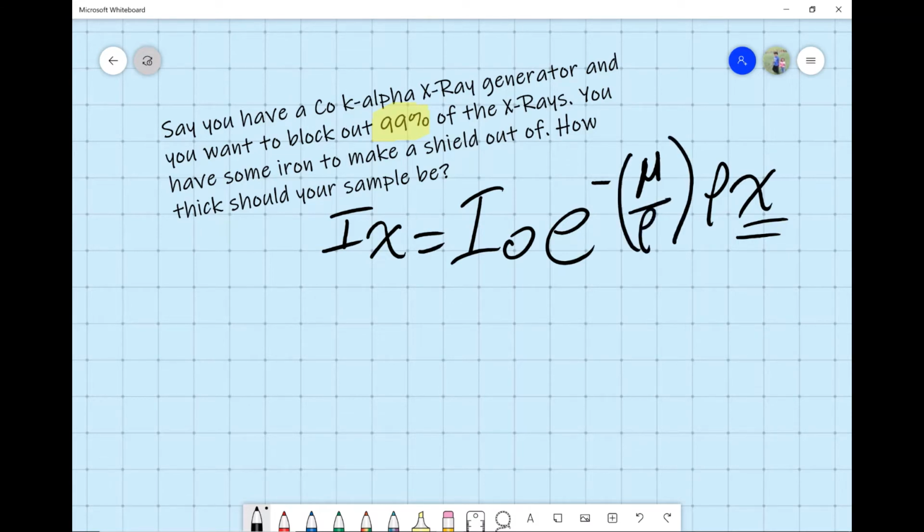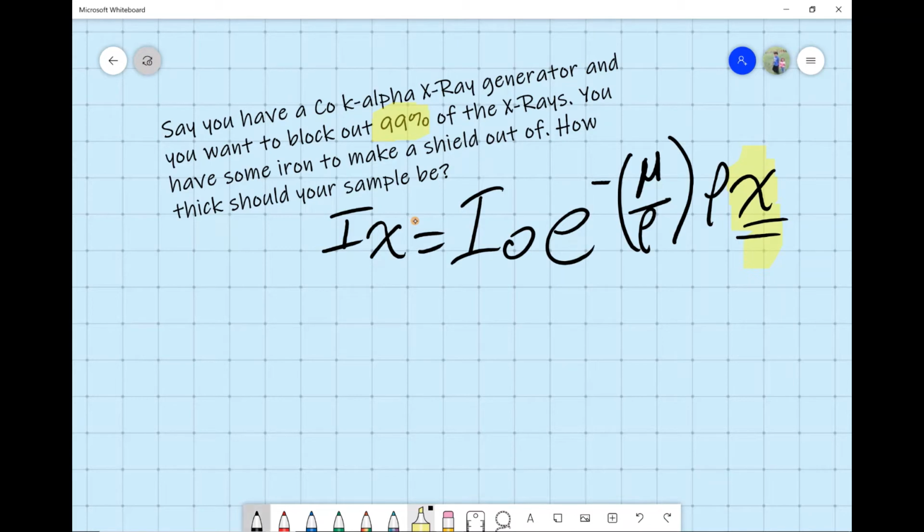Then rho x. And so I to the x, that's how much is going to pass through. I naught e to the negative mu over rho times rho x, and we're going to solve for x. And kind of highlight that. That's what we're solving for.